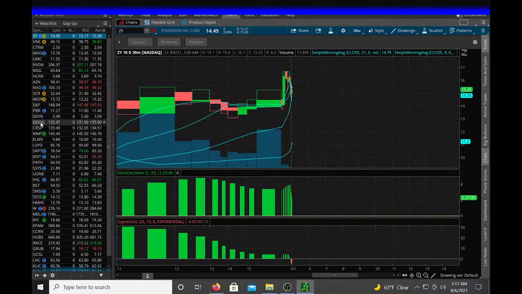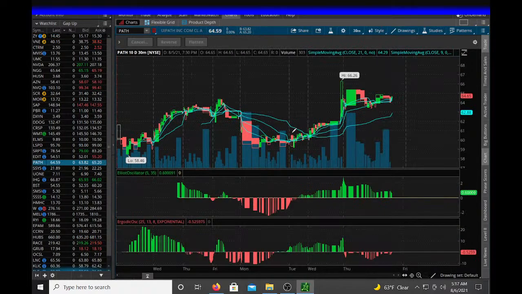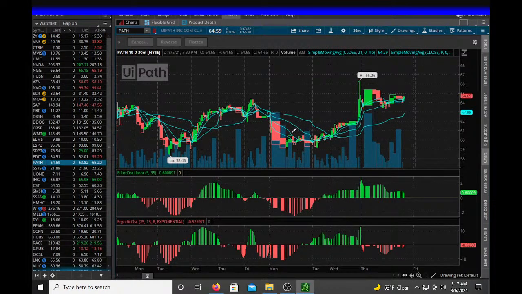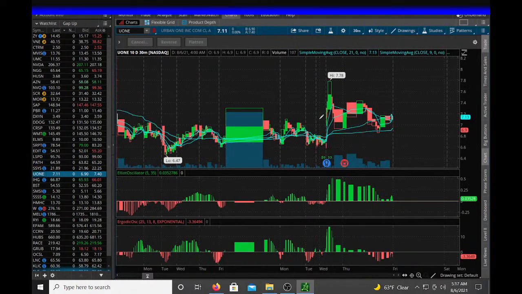CTRM. Many of our common stocks. Looks like U1. And this is a big one.